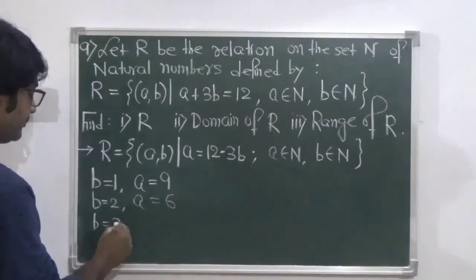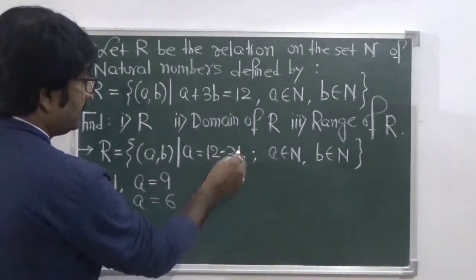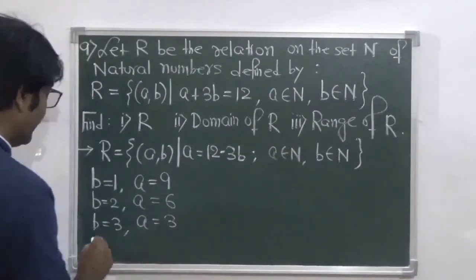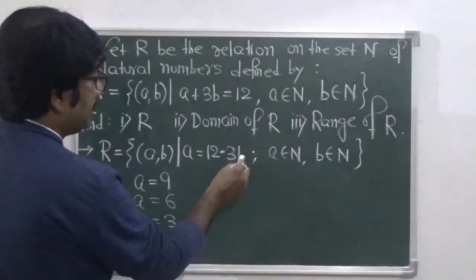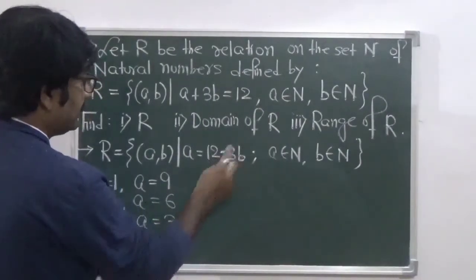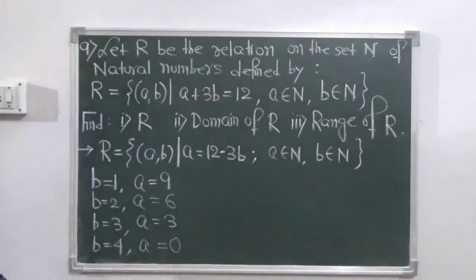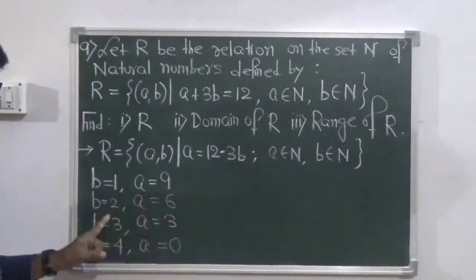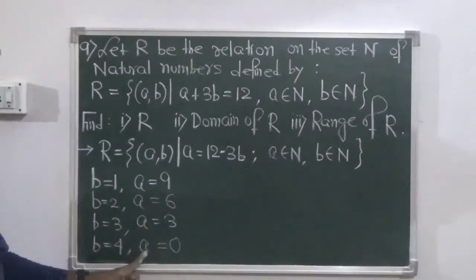When B is 3, 3 into 3 is 9, so 12 minus 9 is 3, so A is 3. When B is equal to 4, that is 4 into 3, that is 12, and 12 minus 12 is 0, that is A is equal to 0. Now you can see, when B is 1, A is 9, when B is 2, A is 6, when B is 3, A is also 3, but when B equals 4, A is 0.